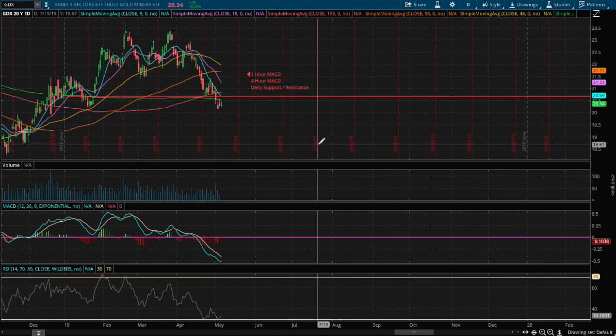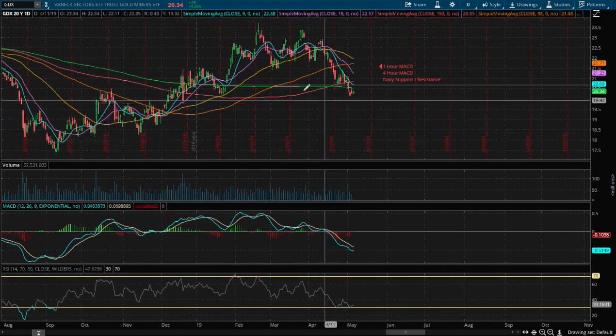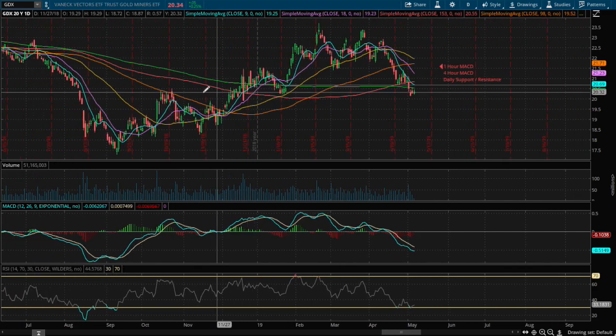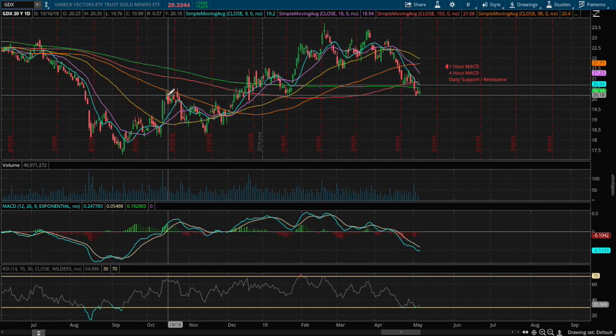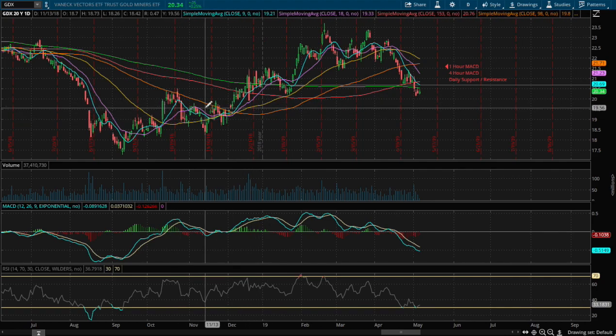as we extend out. This support dated back to support in October of 2018, and if we were to move down lower, I see the next support will be at around, I would say, 2060.